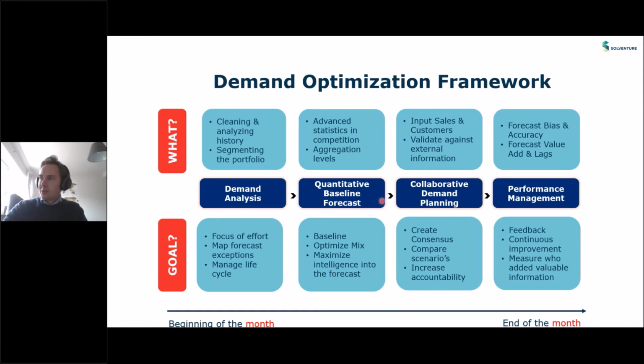Actually, this brings us to the third pillar, the collaboration process. So we can have a baseline forecast, but in these kinds of situations, it's very important to have people enriching the forecast. For example, salespeople, for example, customers, reach out to your customers and ask about their order pattern if that changed.